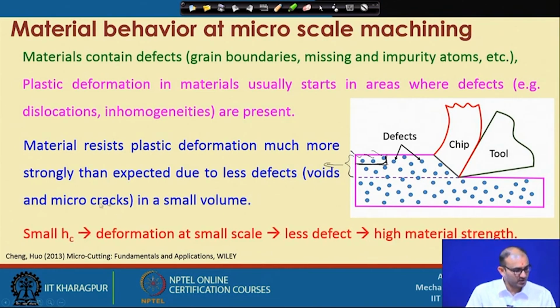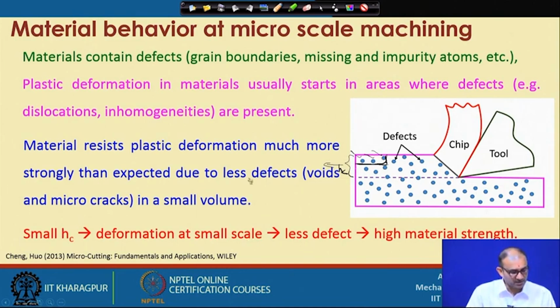And what is happening because of that? We are working with a small hc, a very small value of the uncut chip thickness, that is hc here. And what happens because of this? The deformation will happen at a small scale, that is what is showing here.